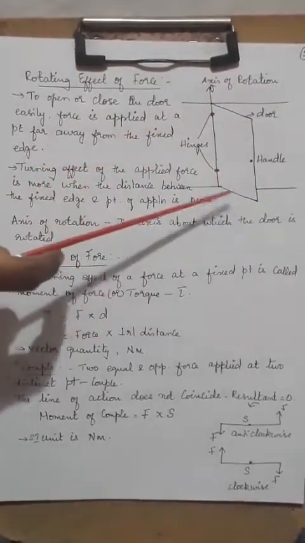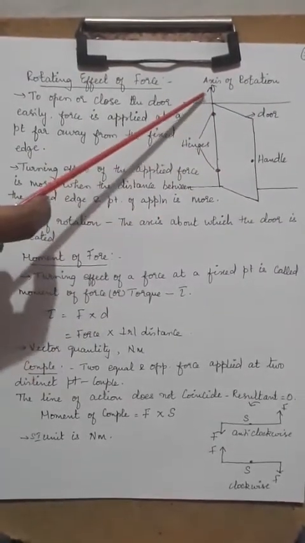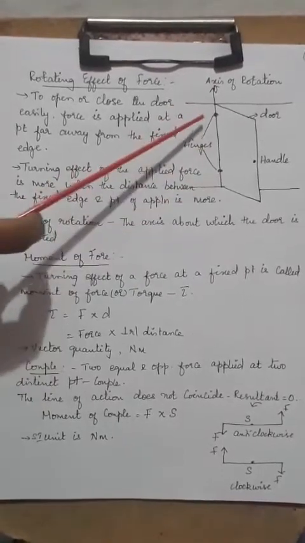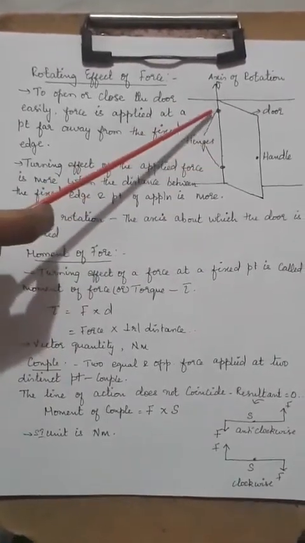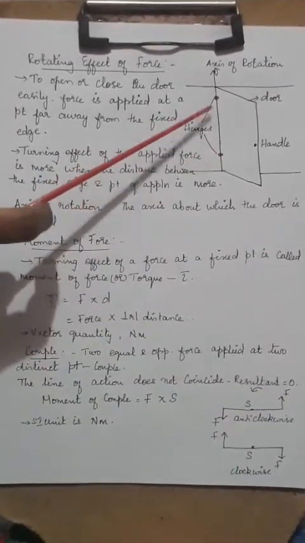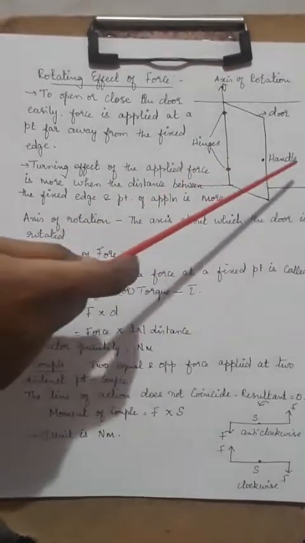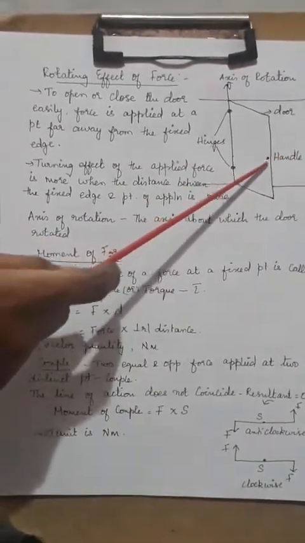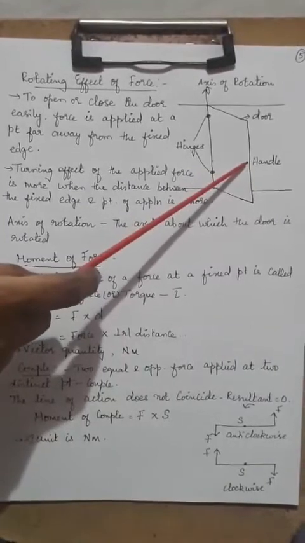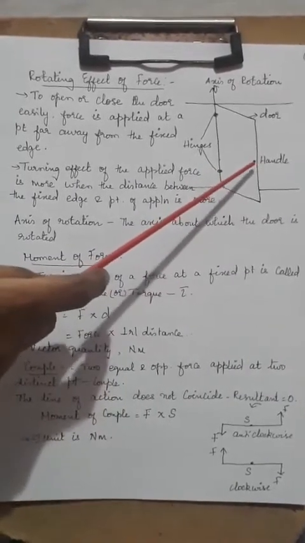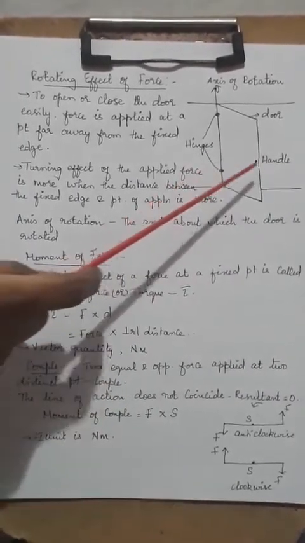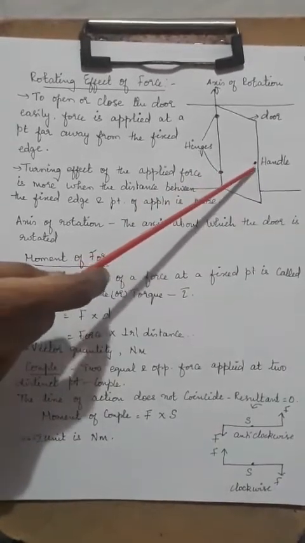Imagine this is your door, where you have a fixed axis of rotation, where the hinges are fixed, and you apply a force near the handle. The handle is always fixed far away from the fixed point. Why?